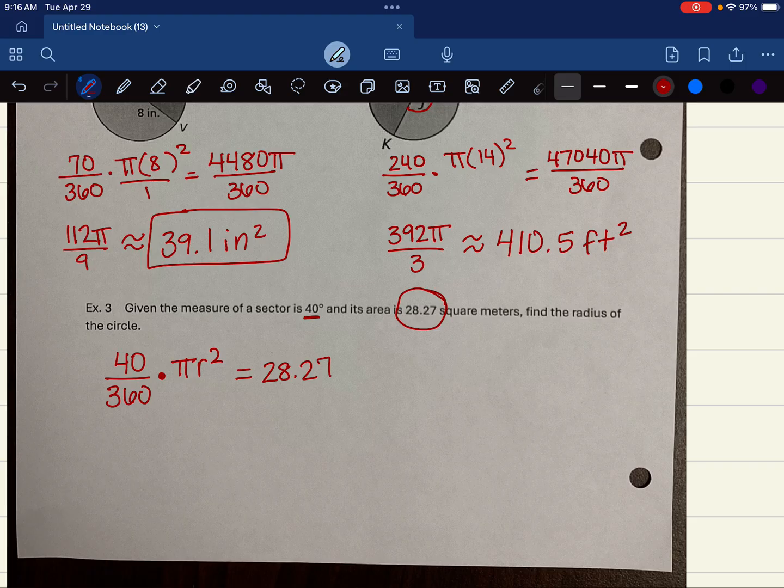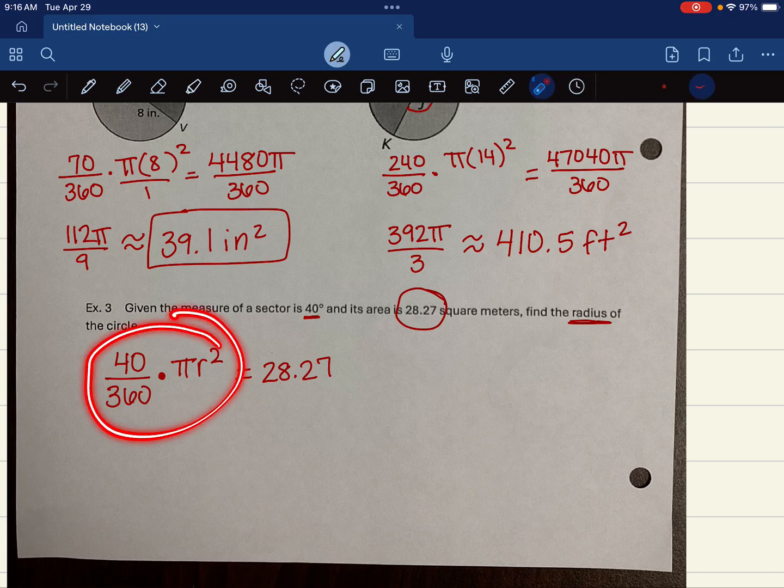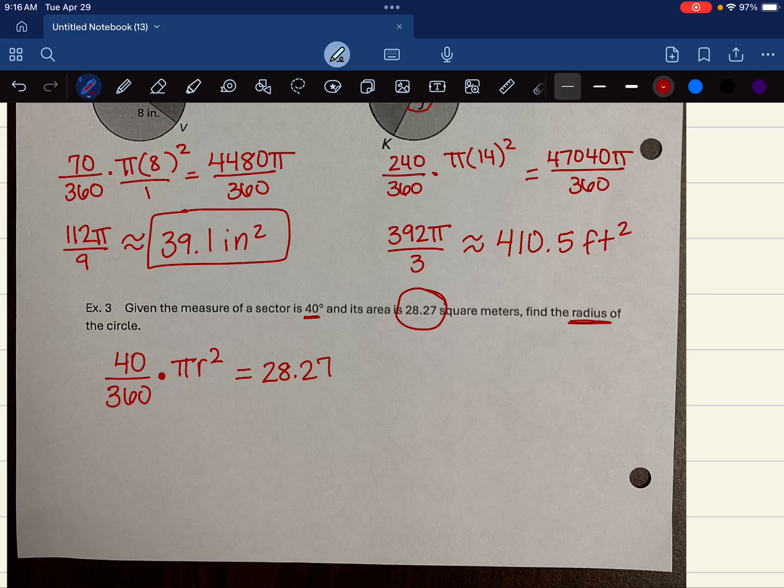And what is it asking us to find on example 3? Find the radius. So notice I want to get rid of everything on this side except for what? R squared. Okay? Is it true that this pi could be written right here with 40? Yes, because remember we just multiplied everything across the top. So when I get rid of that, I'm going to multiply by my reciprocal.